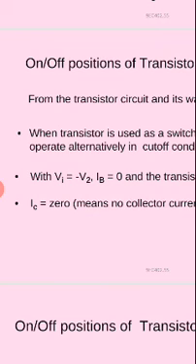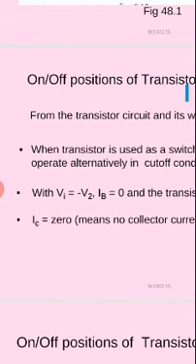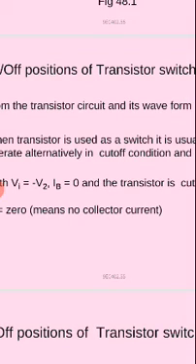When Vi equals minus V2, IB equals 0 and the transistor is cut off, IC equals 0, meaning no collector current.